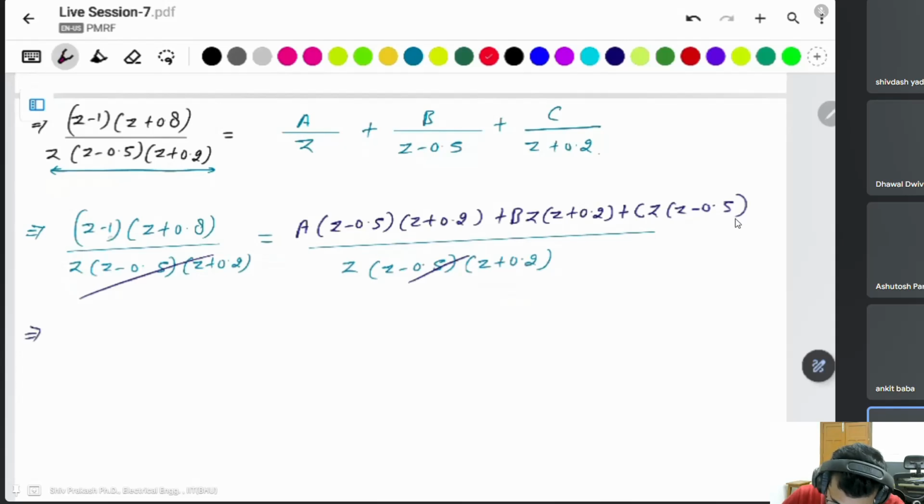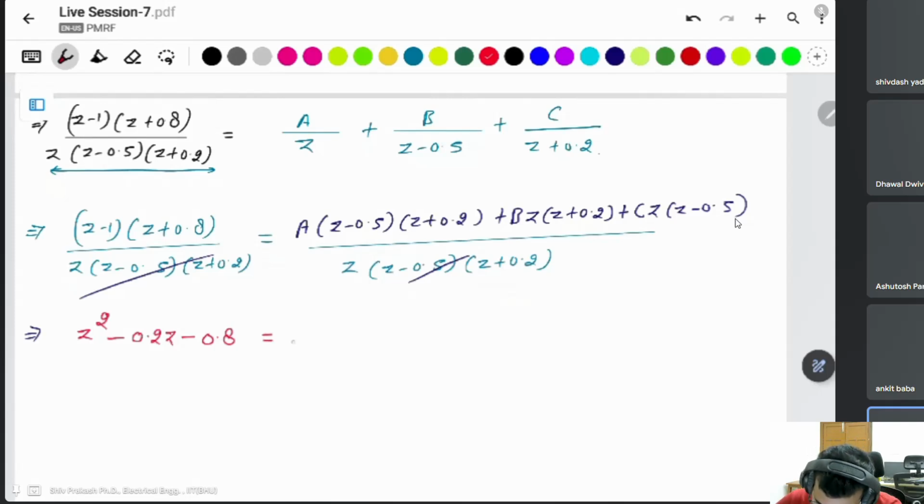In the numerator, multiplying these two gives z square minus 1 z plus 0.8 z, which is minus 0.2 z. The negative value is greater, that's why the negative is here, and the constant is minus 0.8, from multiplying 1 and 0.8.